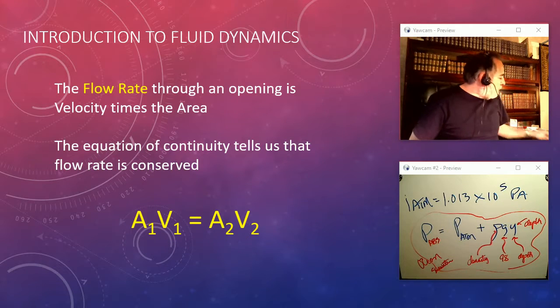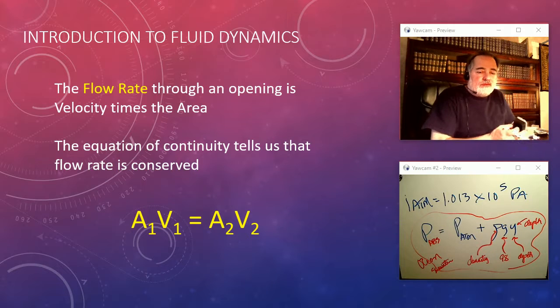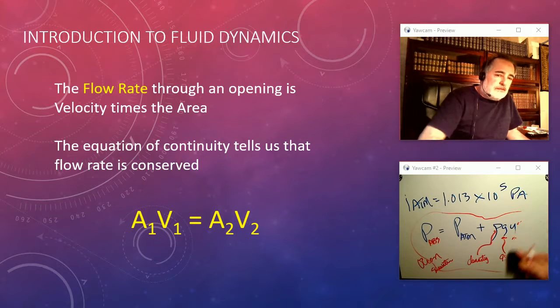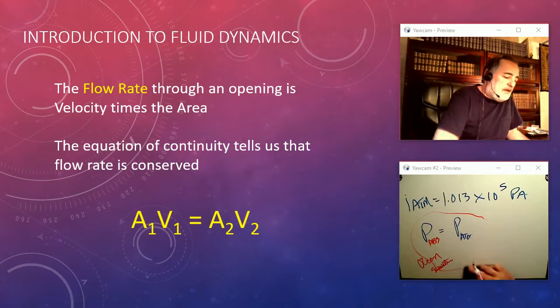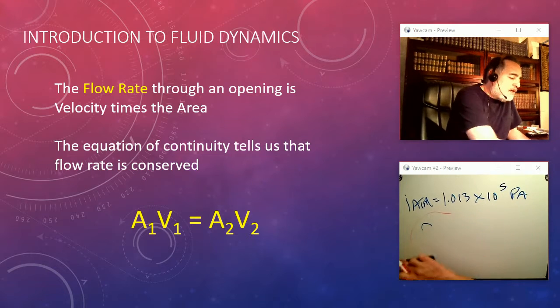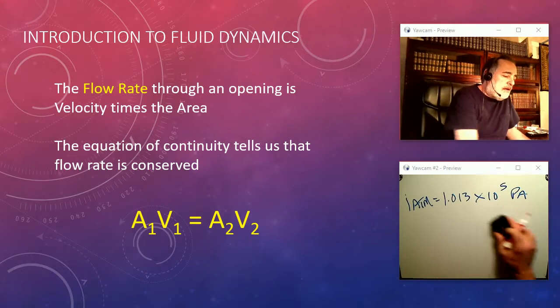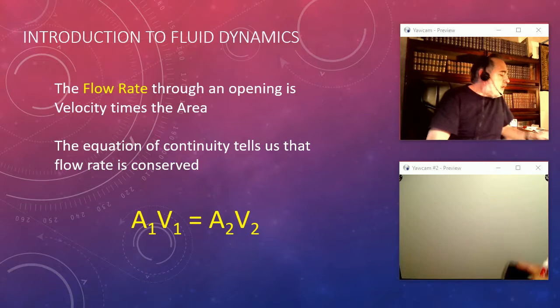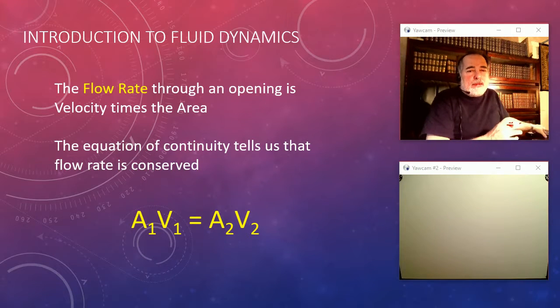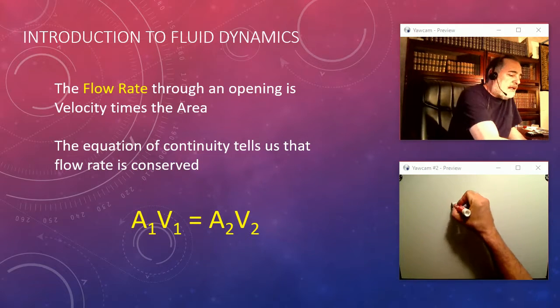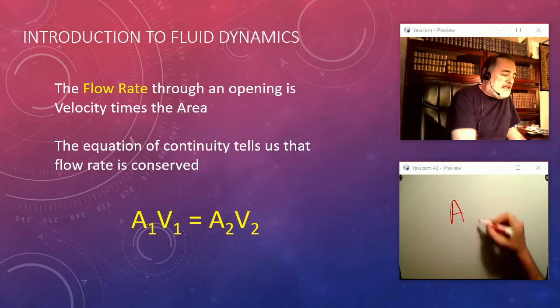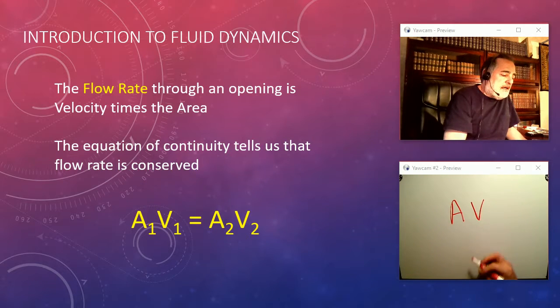Now the flow rate through a material is conserved if I'm flowing material. This is another topic here. If I'm flowing a material through, a flow rate is velocity times a given area.